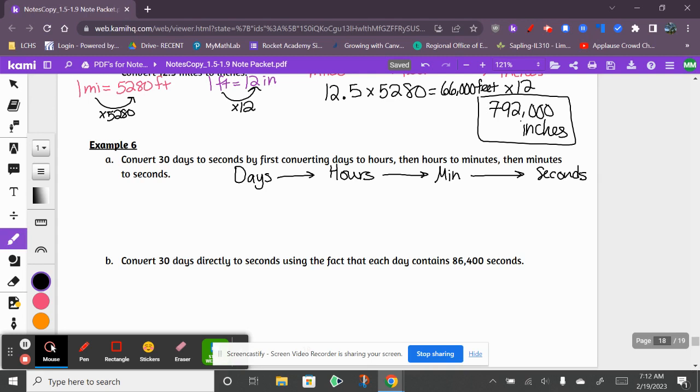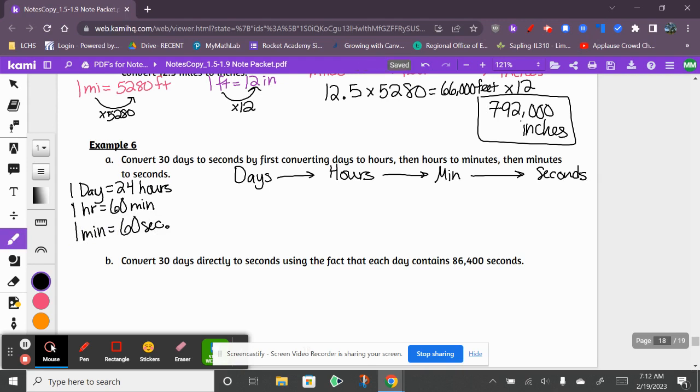So days and hours, we know that 1 day is equal to 24 hours. Okay, next we have hours and minutes. We know that 1 hour is equal to 60 minutes. And then we have minutes to seconds. 1 minute equals 60 seconds.